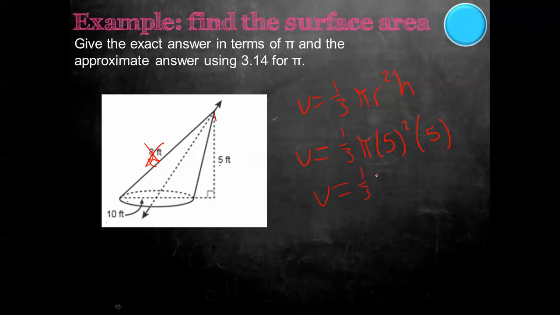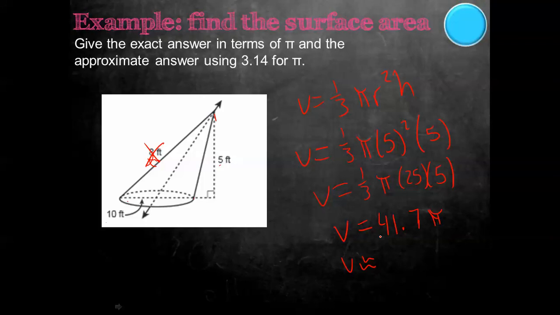So we have 1/3 pi. 5 times 5 is 25. And then times that by 5. So now we're going to take 25 times 5, which is 125, and then divide that by 3, which is 41.7 pi. So that's going to be our exact answer in terms of pi.